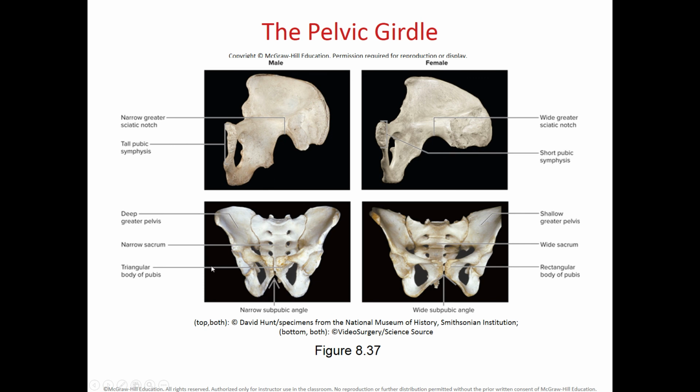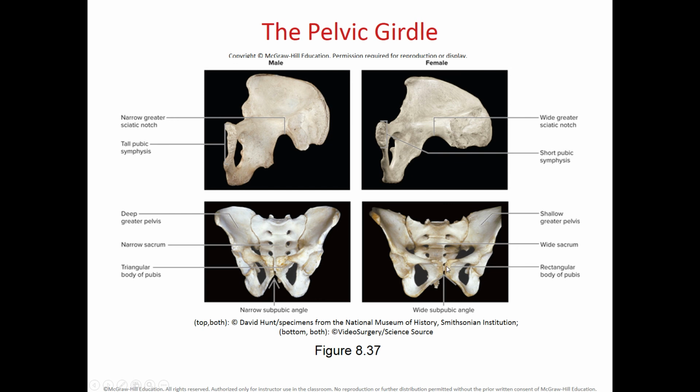This is the anterior view of the pelvic girdle. So the males have a deeper and greater pelvis, with more prominent features. They have a narrow sacrum. The coccyx and the sacrum curve more anteriorly in them. They have a triangular body of the pubis, and this pubic angle or subpubic angle in males is acute, less than 90 degrees, while in females it is obtuse, greater than 90 degrees.